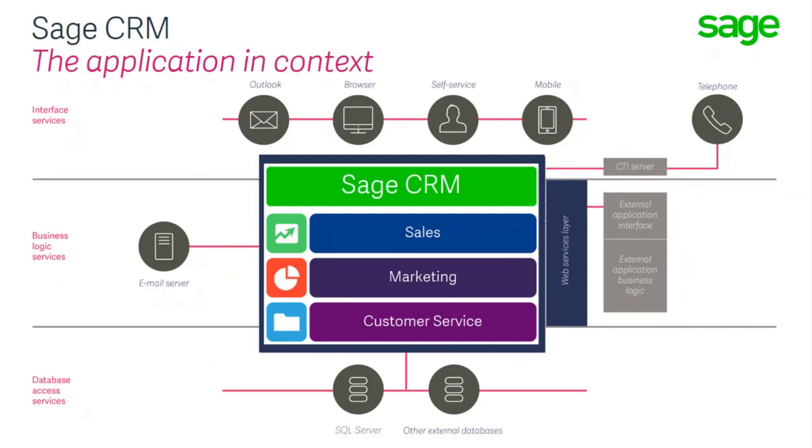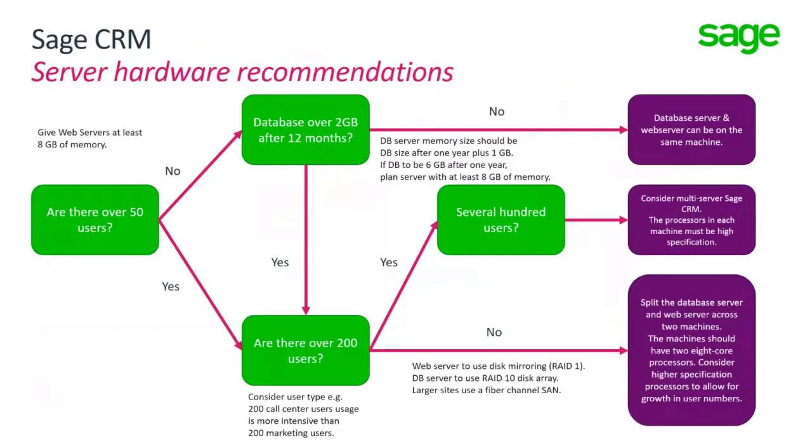And if you're going down the route of a cloud implementation, you do have to remember the complexity that Sage CRM presents, the way in which it works in terms of the interfaces that we have, how it can be accessed, how it can be consumed, and how it integrates with other applications as well. So we have CRM existing in a complex environment, and where we are implementing ourselves, we do have to pay attention to the requirements of CRM, especially within the database area.